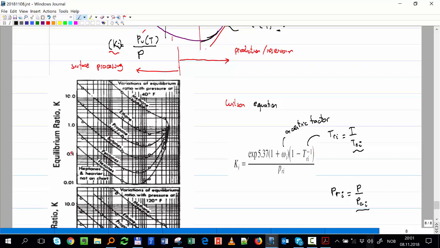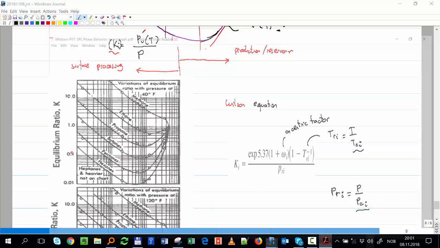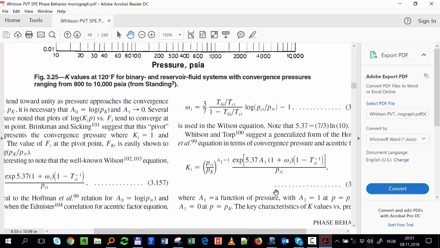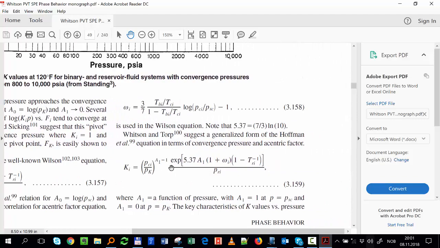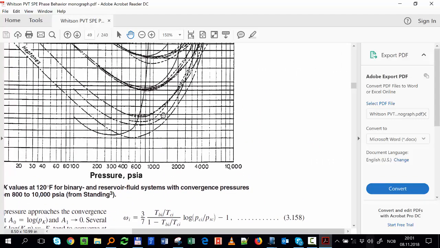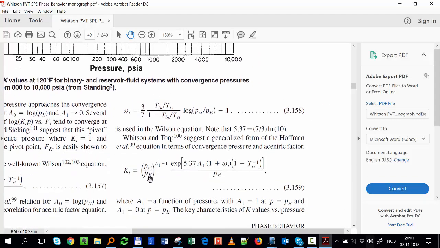We also need one more thing, the convergence pressure. We're going to use this expression. The convergence pressure is like a tuning parameter.